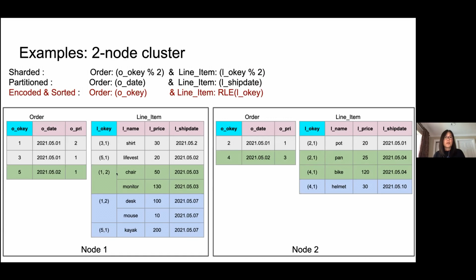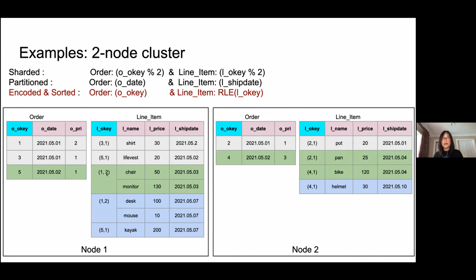If you see where my mouse is, this line item has order number 3, and it's only 1 line item. So we store the key and how many times it appears. This one appears only once, similar to order number 5, which has only 1 line item in this partition. But if you go down to the green partition, you will see that the order key is 1 and it appears twice in this one.